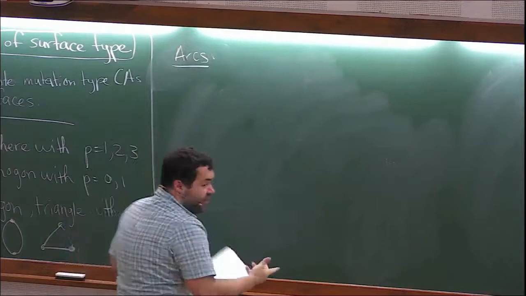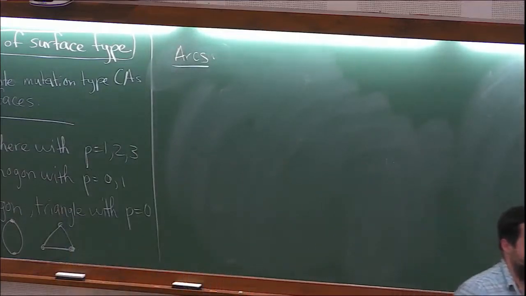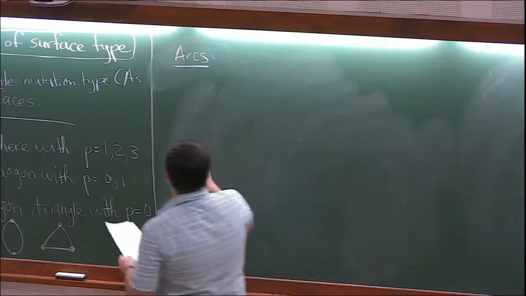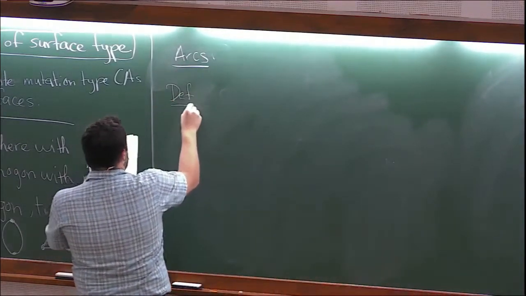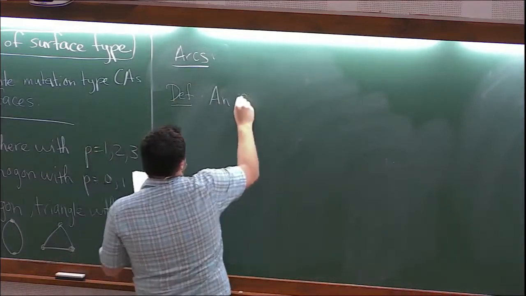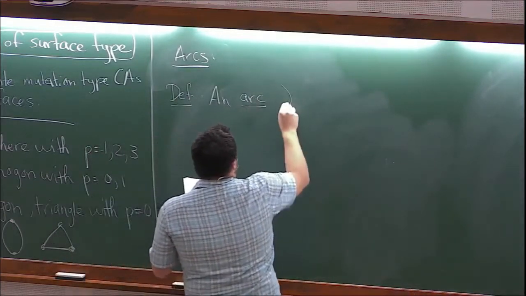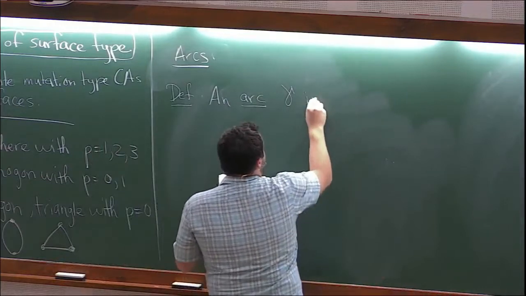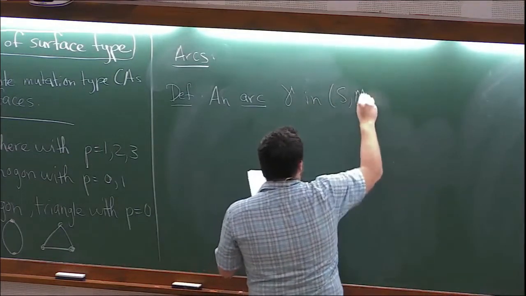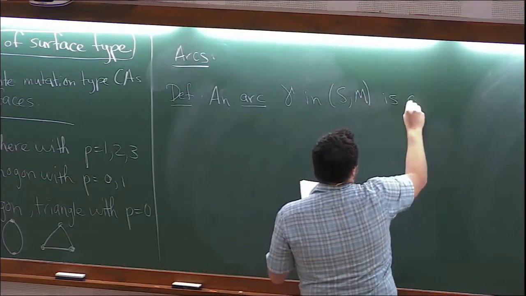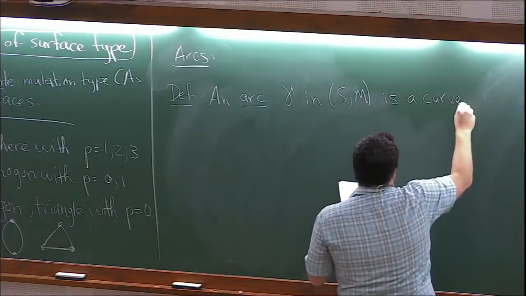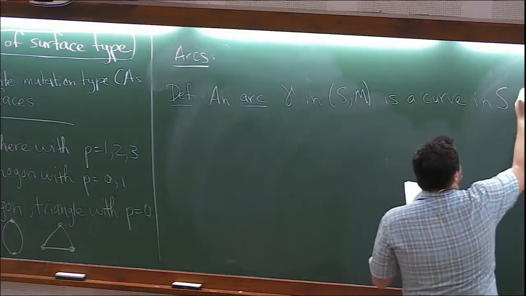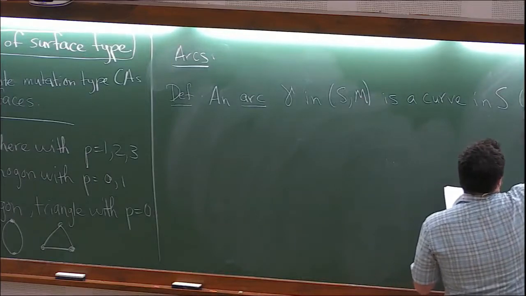So arcs are going to be the things that replace diagonals in the picture that I erased. An arc gamma inside a marked surface is a curve in the surface up to isotopy.